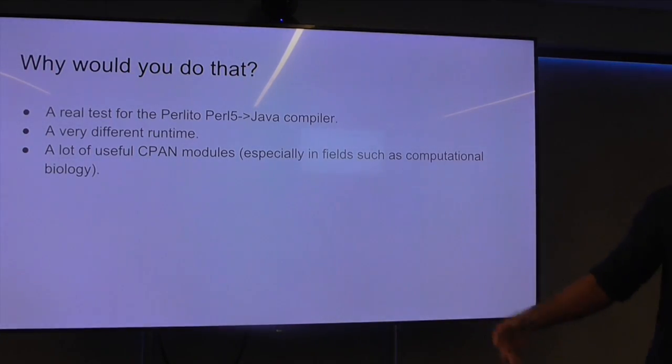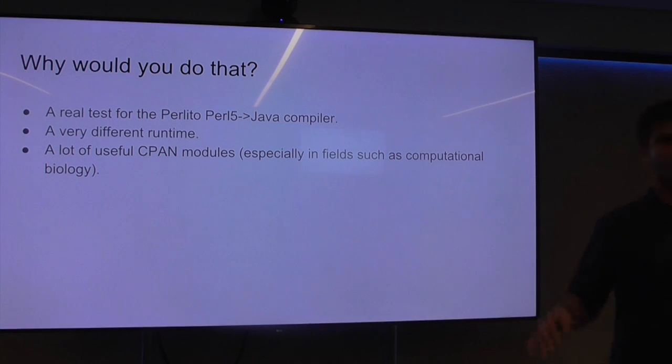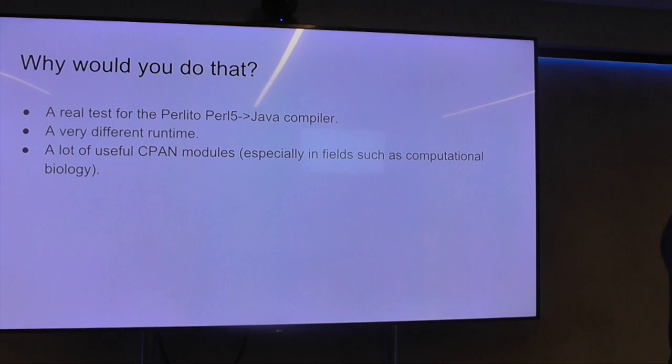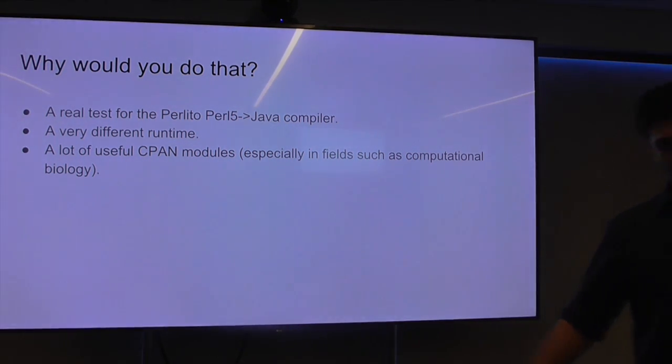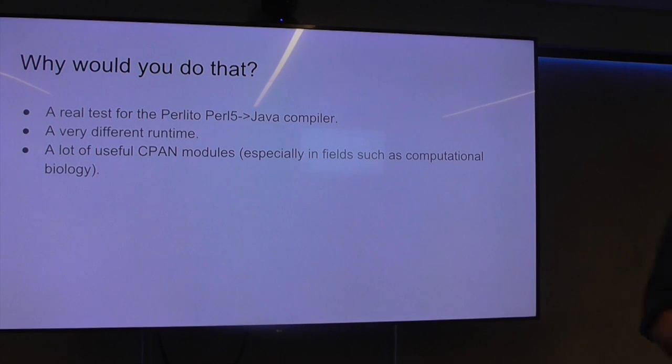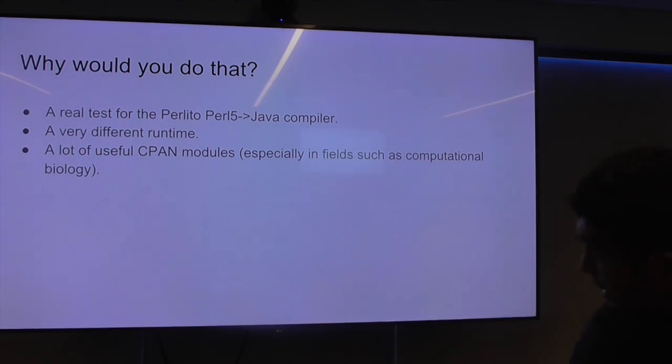So yeah, why would we do that? Like I said, it's a real test for the compiler. You push the compiler to its limits. It's a very different runtime. You have some APIs that come only in Android, which are not there in SE, and there are some SE APIs which are not there in Android, and also the architectures that typically these platforms target are different.